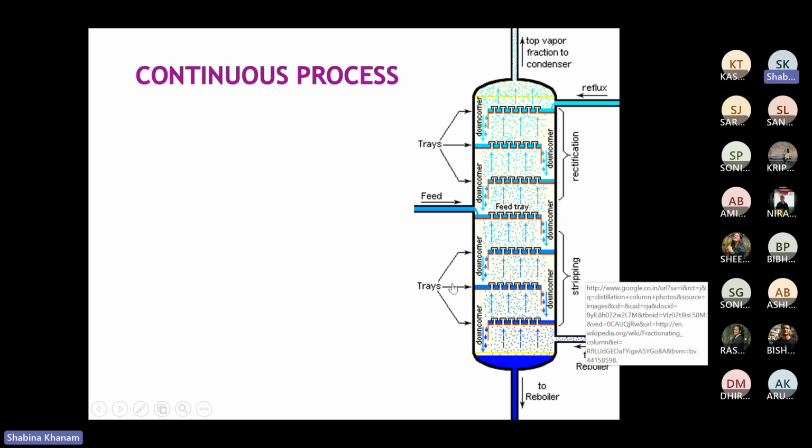In that way we call this lower section the stripping section. However, here whatever component is available in the vapor phase gets enriched in concentration, therefore we call it the enrichment section.